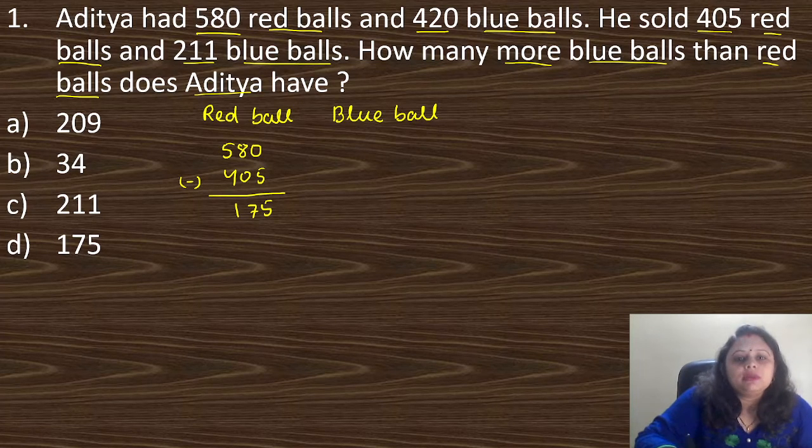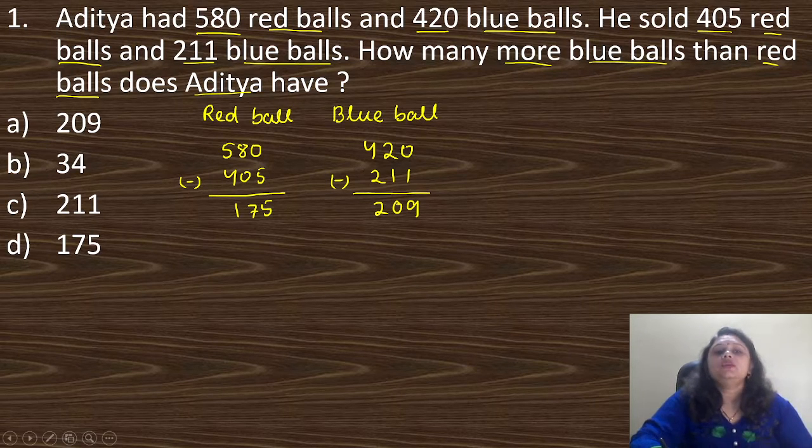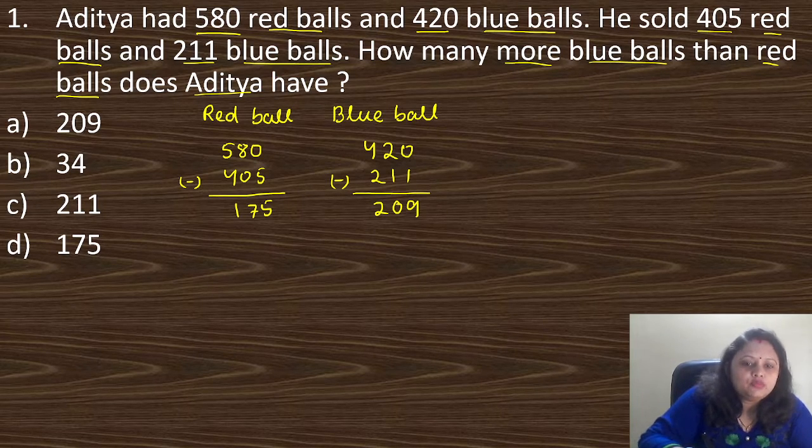About the blue balls, initially it was 420 and he sold 211 blue balls. Now he is left with how many blue balls? That is 209 blue balls. In the question it is asked how many more blue balls than red balls. So the number of blue balls is 209, and the number of red balls is 175.